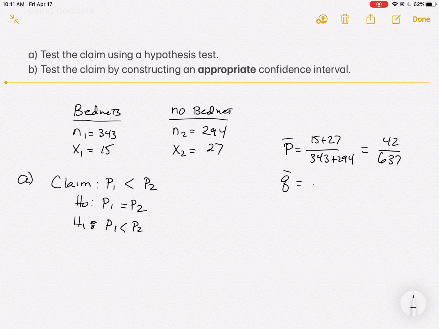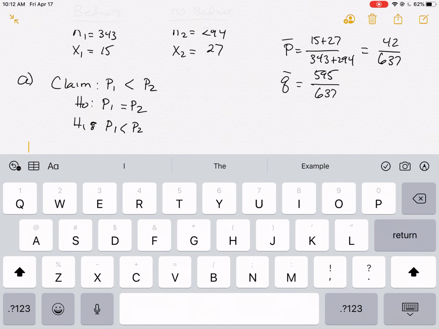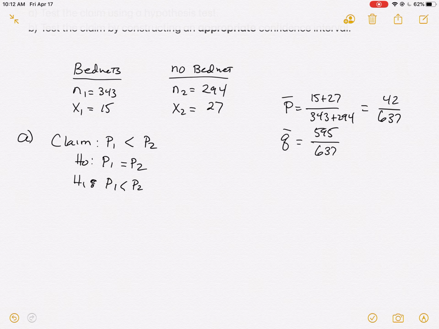Q bar is 1 minus that. So keep it as a fraction over 637. Ask yourself, what's the makeup from 637 and 42? It's 595. So 595 is the Q bar that needs to be used. If you looked at 595 plus 42, it should bring you up to the 637. So that's our background stuff.